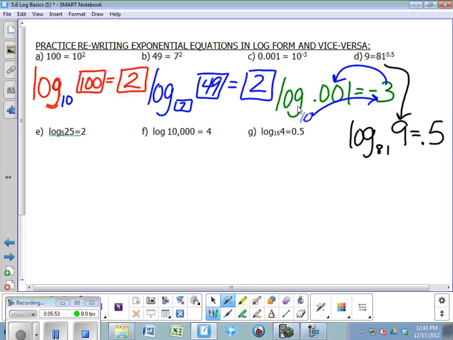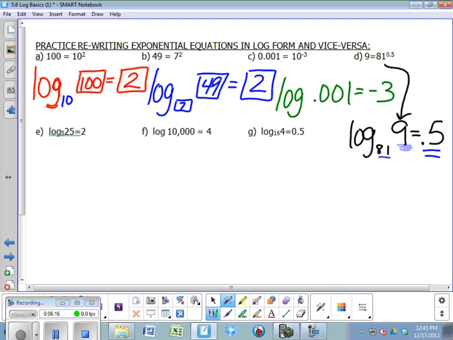When you see this in log form, 7 squared equals 49. That's how log form is written out. When you say the log, here's the way to say it, by the way. You would say the log of 9 base 81 equals 0.5. That's one popular way of saying it.